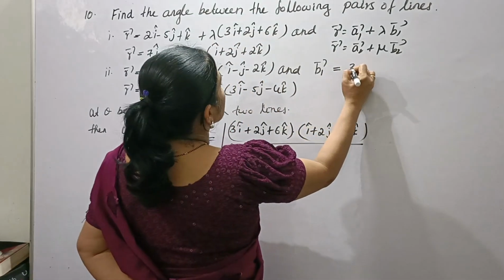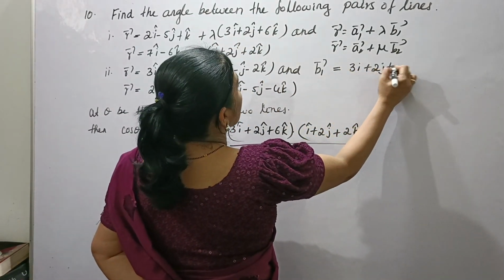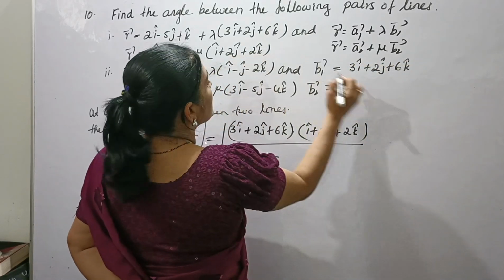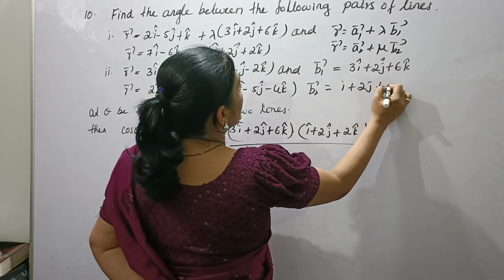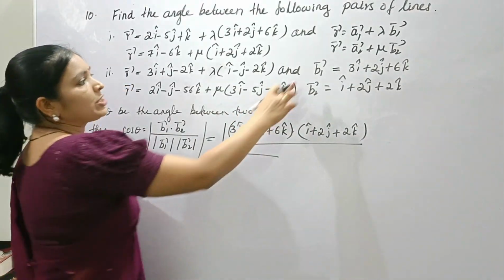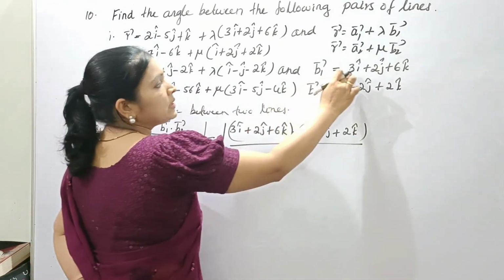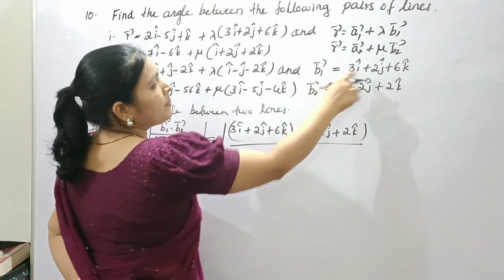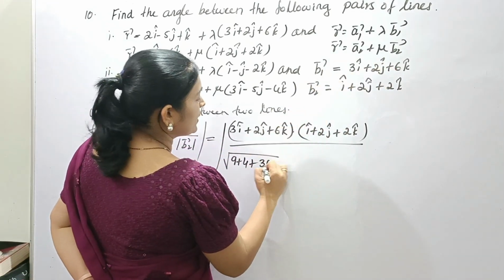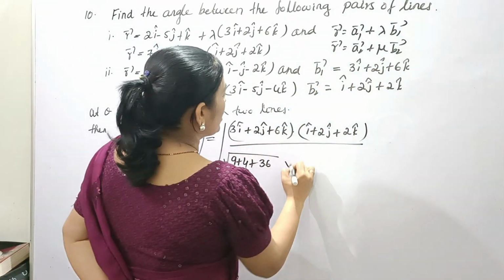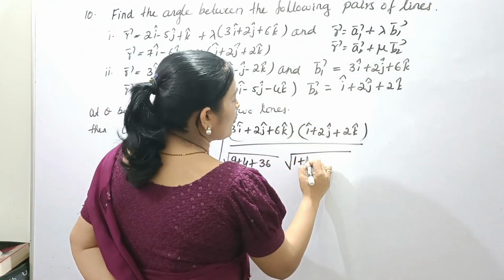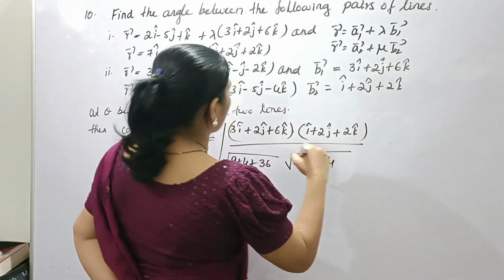Modulus of vector b1 is the square root of 3 squared, 9, plus 2 squared, 4, plus 6 squared, 36, into the root of 1 squared, 1, plus 4 plus 4.